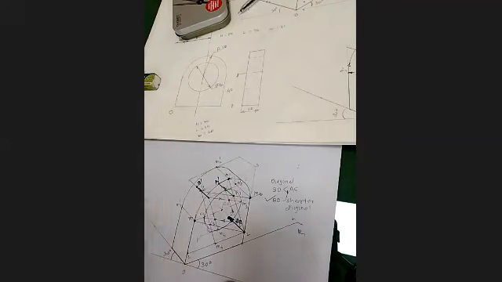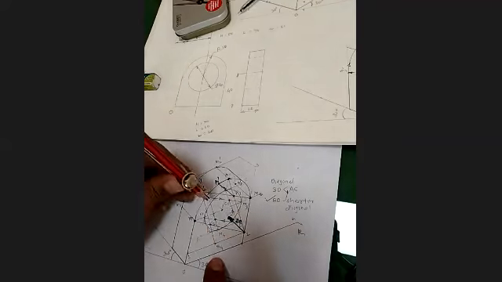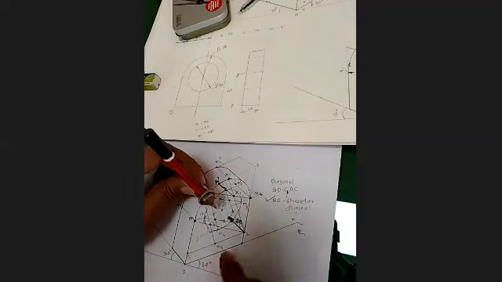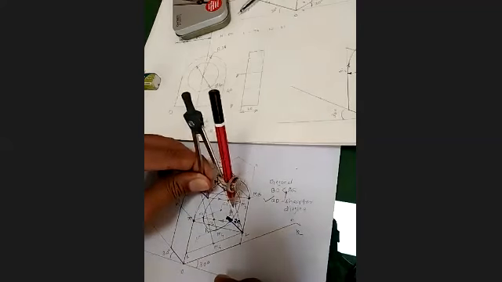Now, for this arc, what we have done, we have taken the distance B to M4, or M3, whatever the distance.